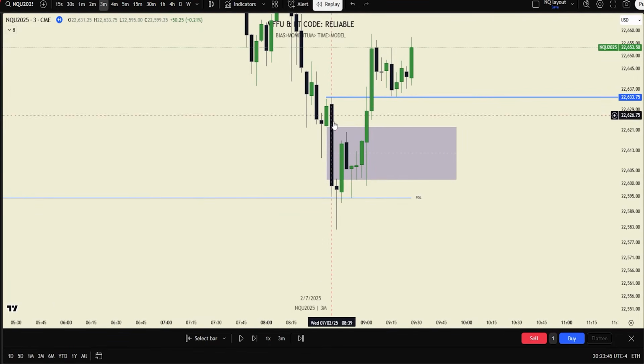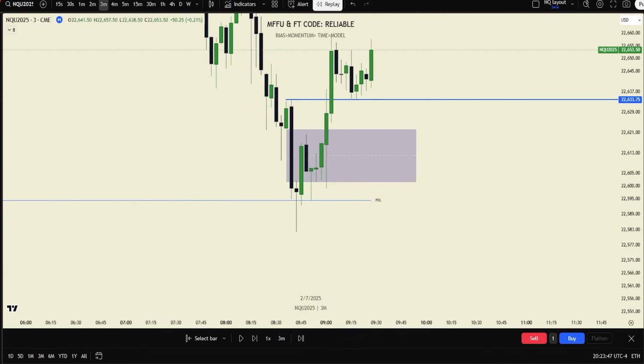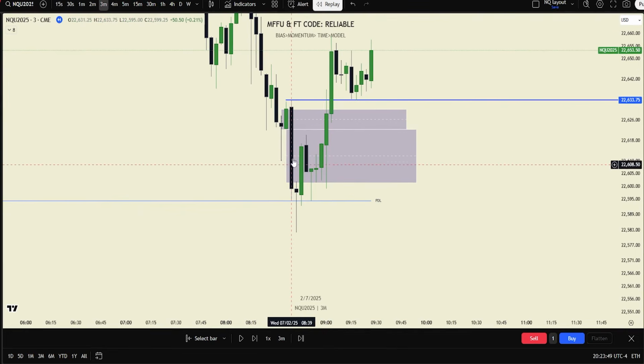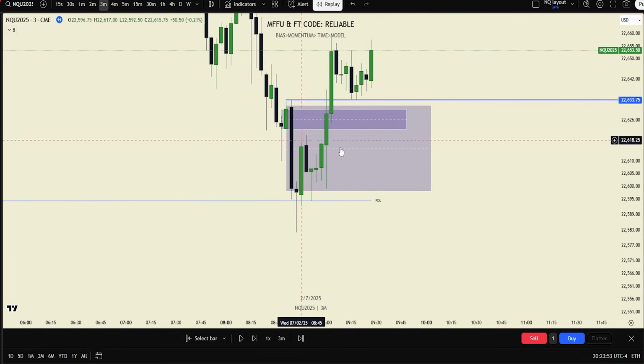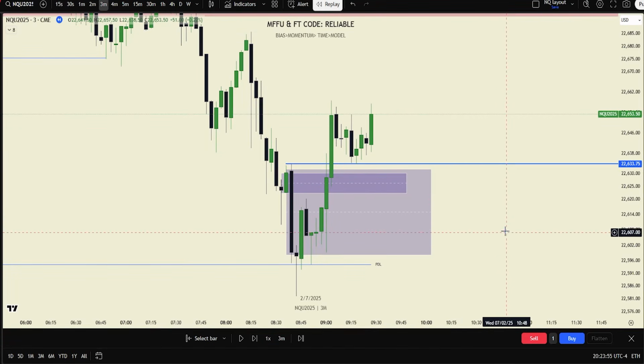And you can see on the 3 minute, this is a very clean SMR. We get our 3 minute breaker here. We get our CISD where we come down, we run the low, and then obviously our turtle soup. And so just to recap, we have the setup where you can just take it with the IFVG model itself.